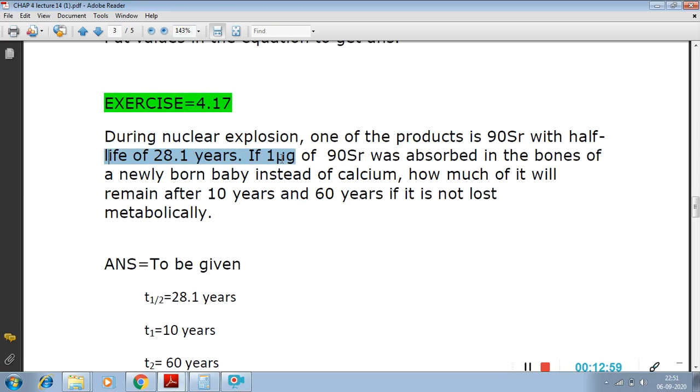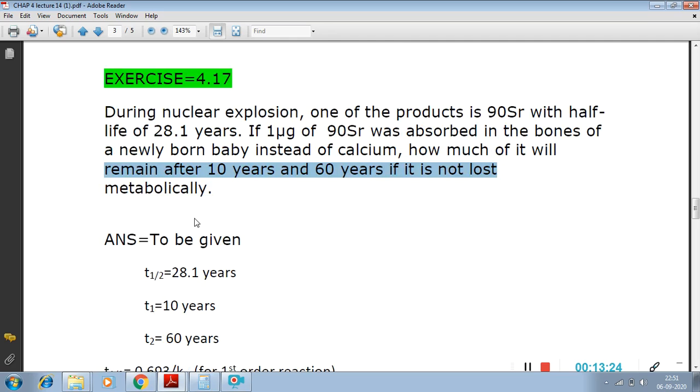If 1 microgram of 90Sr was absorbed in the bones of a newborn baby instead of calcium, how much of it will remain after 10 years and 60 years if it is not lost metabolically?